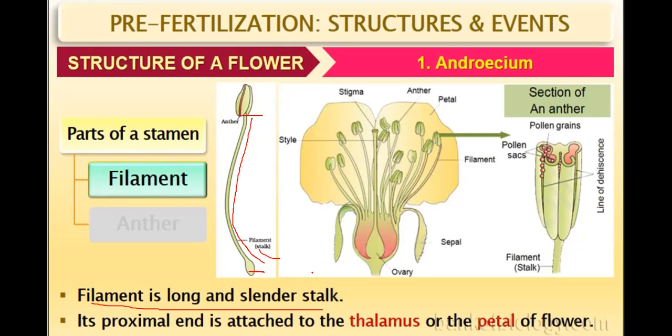Proximal end is connected with the thalamus or the petal of the flower. If it is attached here, that is called thalamus. If it is attached with petal, it is epipetalous.